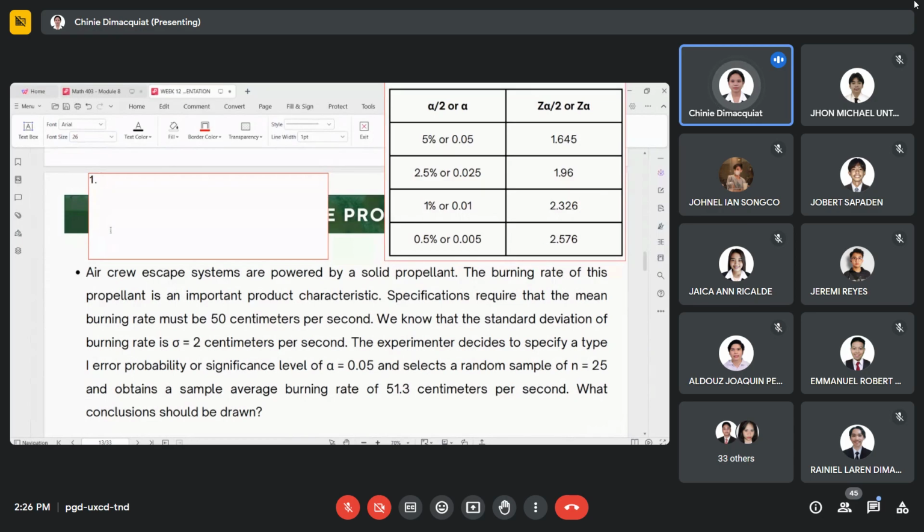So una, identify natin yung ating null and alternative hypothesis. And pangalawa, identify yung ating significance level at direction of the test.